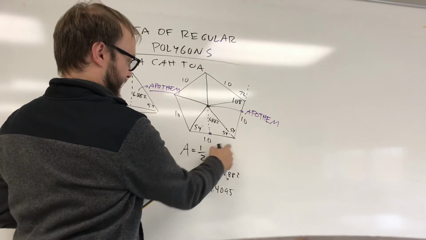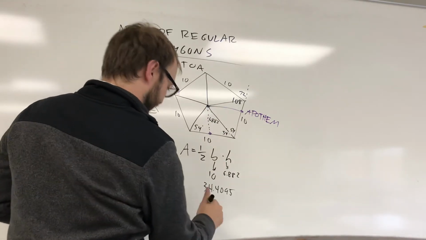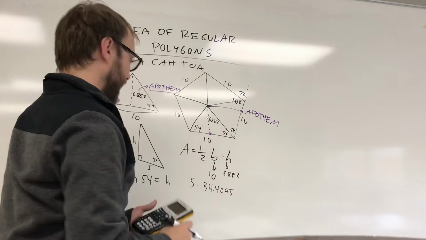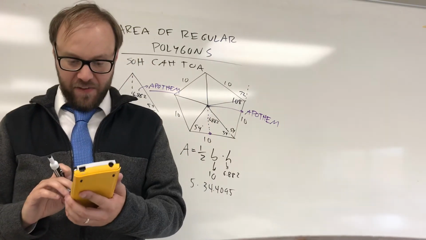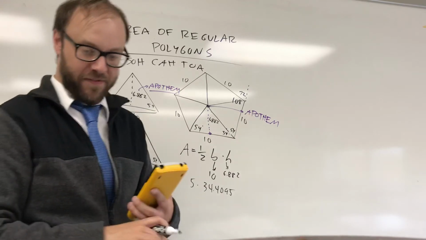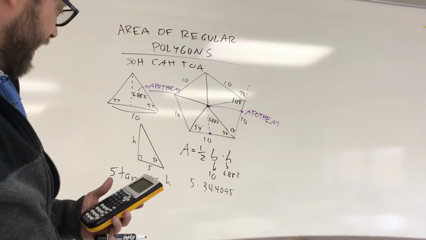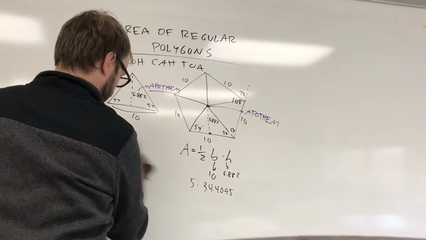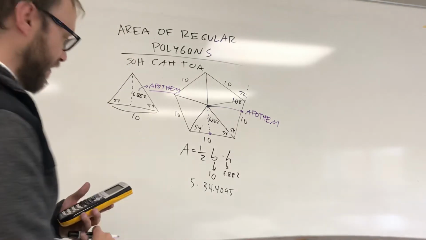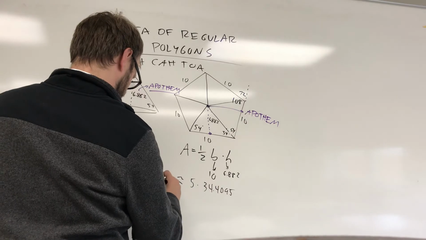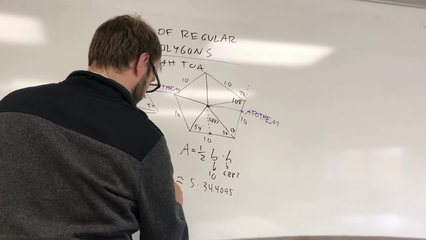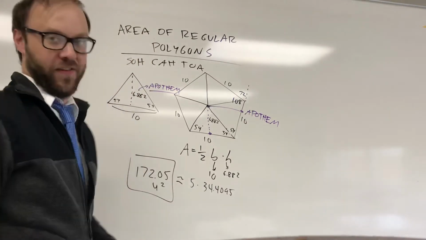I can take that and multiply by 5, and that'll tell me the area of the whole thing. There are 5 congruent triangles there, and the area of this whole thing is approximately, and again, you'll have to do some rounding here, probably at least 2 decimal places, 172.05 square units would be my final area.